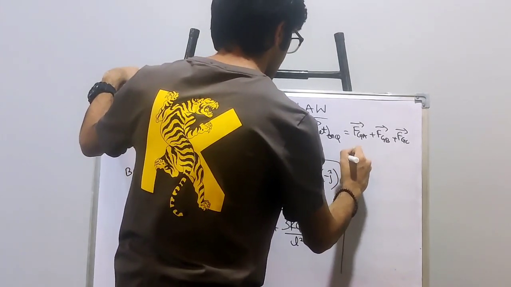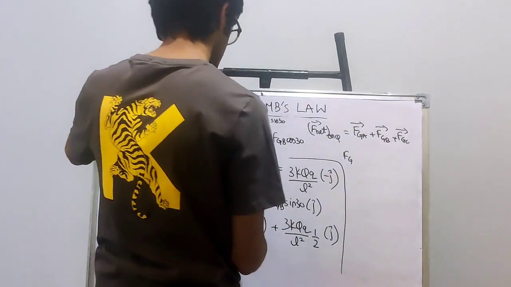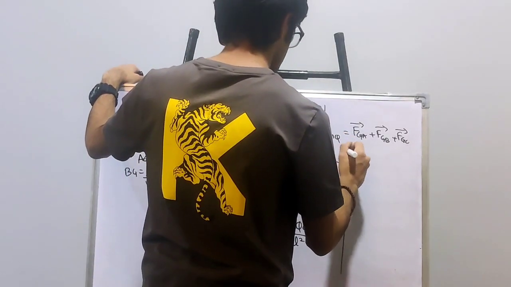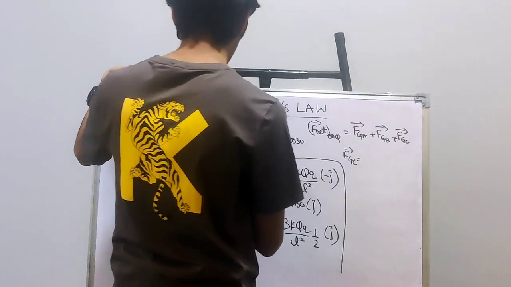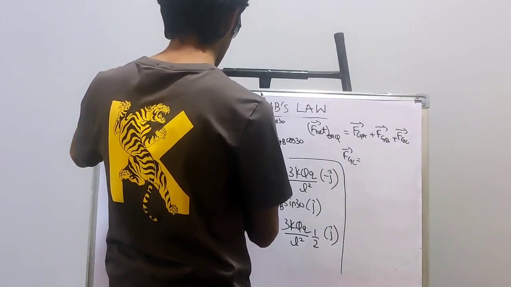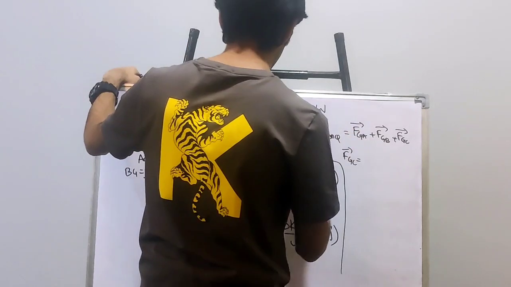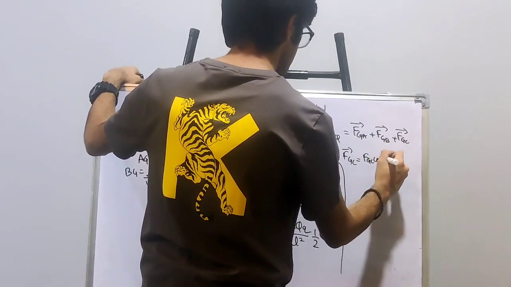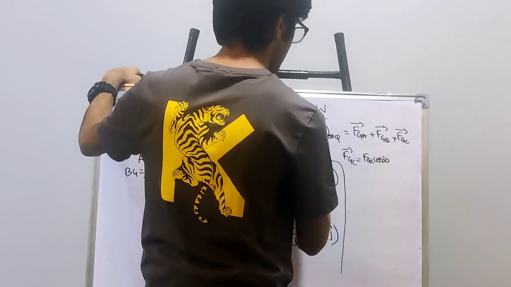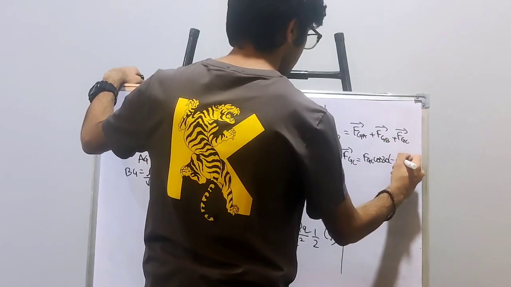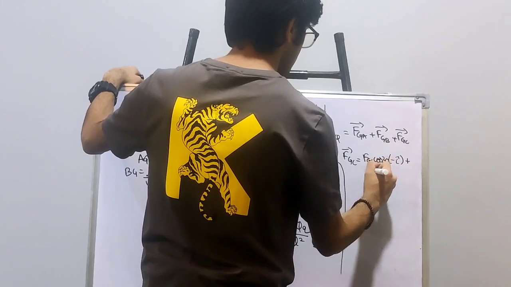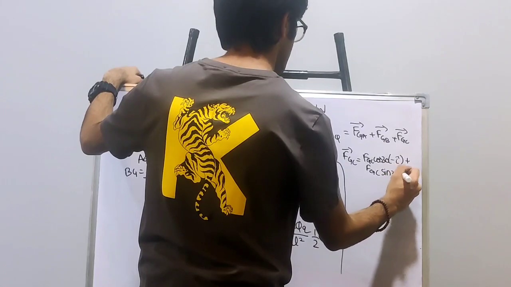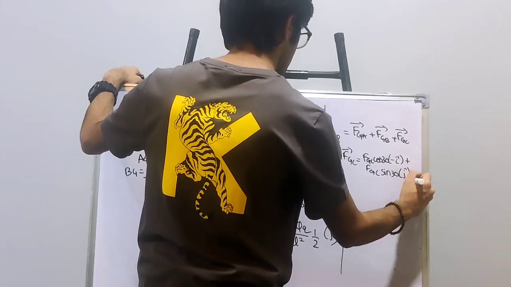Now we need to calculate the force on G due to C, so that would be equal to FGC cos 30 plus FGC sin 30. FGC cos 30 is towards the negative x direction, so minus I cap, plus FGC sin 30 towards the positive y direction, so plus J cap.